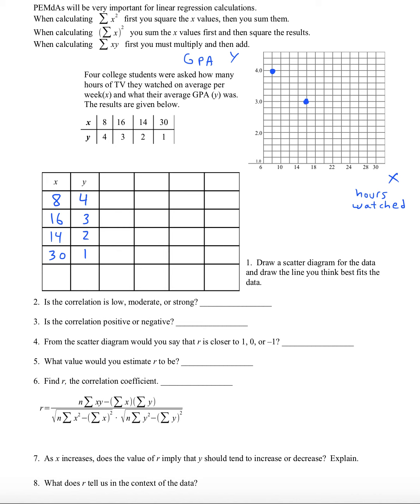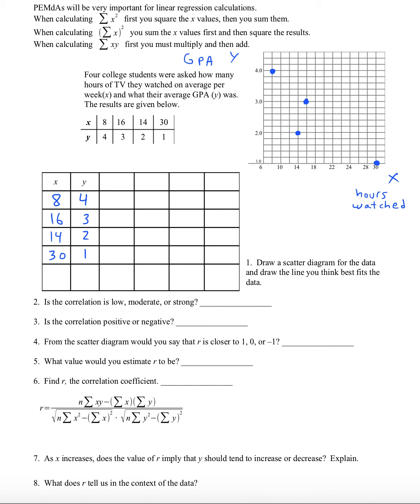There's our second dot. We'll go over to 14 and up to 2. And then let's go over to 30. And we'll stay at 1. There's our scatter plot.